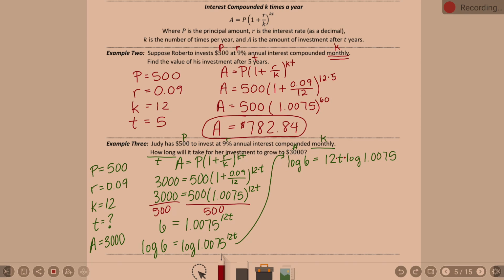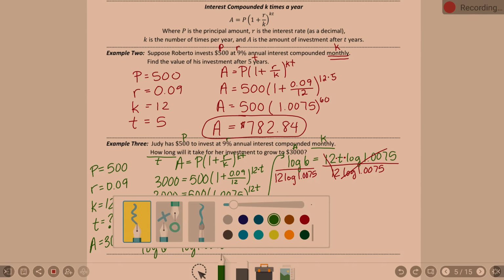Divide. So we're going to divide by 12 log 1.0075. I'm going to divide the left by 12 log 1.0075, and that allows the 12 to cancel and the log to cancel.